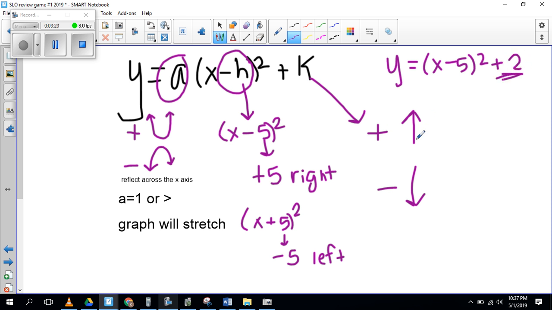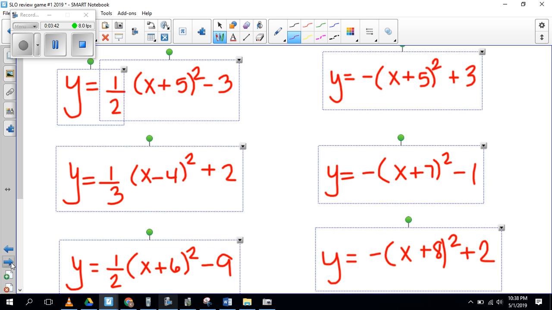So that means my graph would go up 2. If I had x minus 5 squared and I had minus 2, that means this is my K, it will go down 2. So we're going to use that to practice some of these.